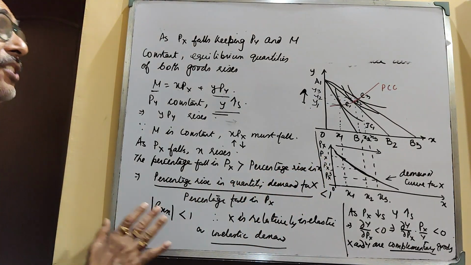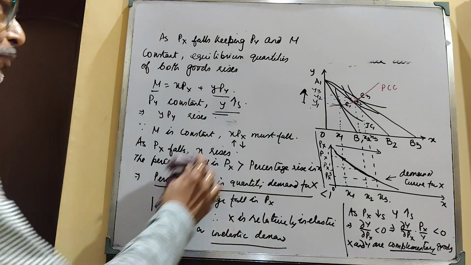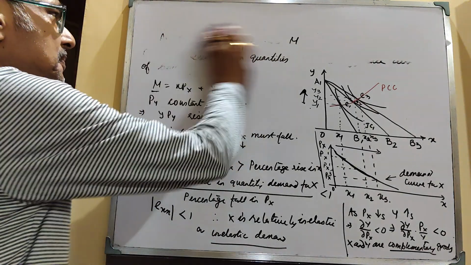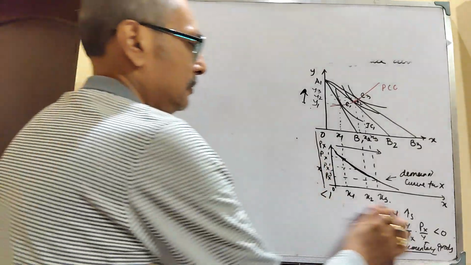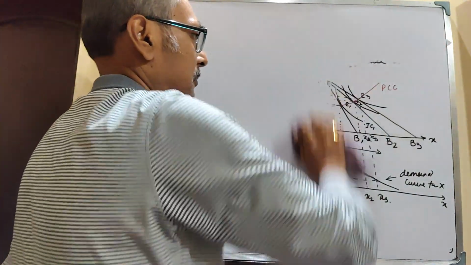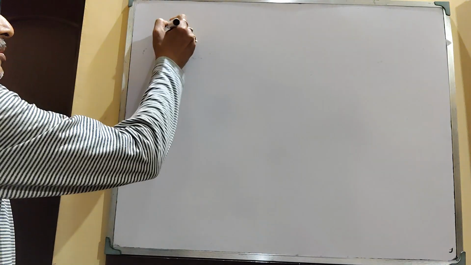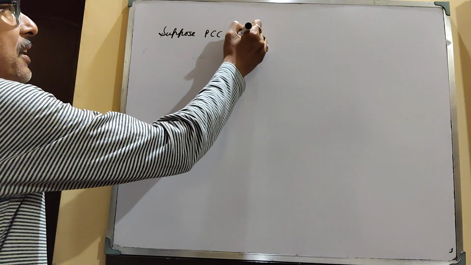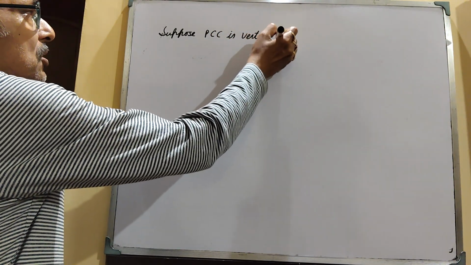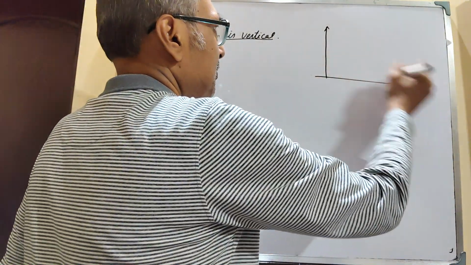Now we draw the different shapes of PCC. Suppose the PCC is vertical. Vertical means what? I am drawing the PCC here.